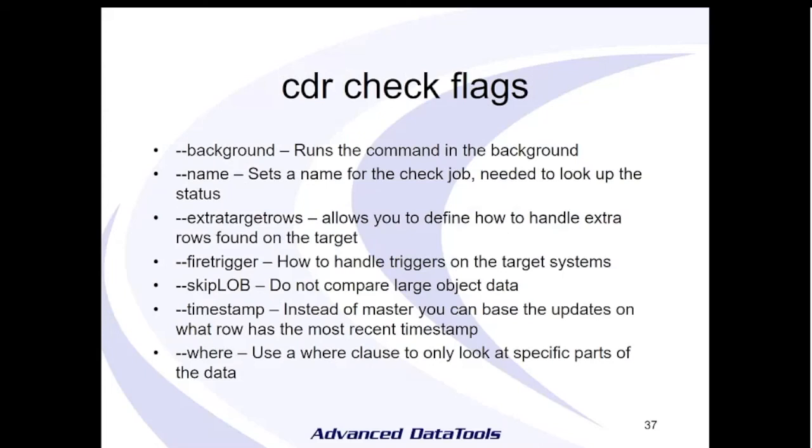In some cases, you may have archival rows you don't want to delete. Other times, they may be rows that should have been deleted but weren't. This is where, as a DBA, you figure out what's right for you. You can tell it with fire trigger what to do with triggers on the target systems. One here that is useful if you're dealing with large objects is skip lob.